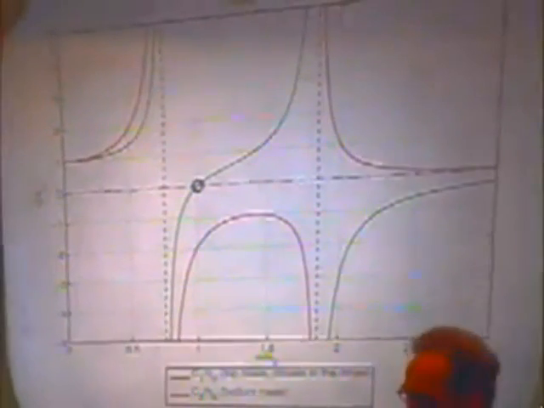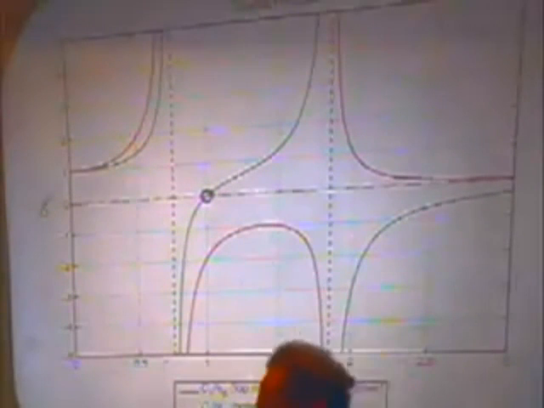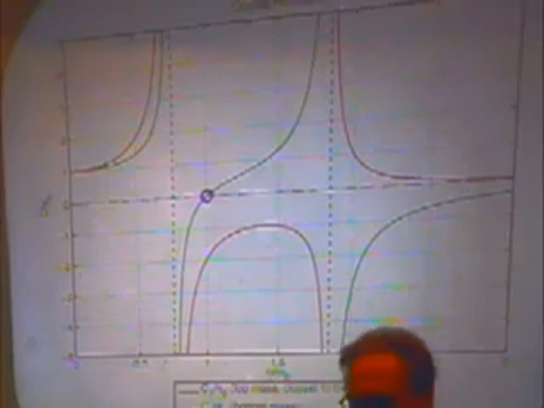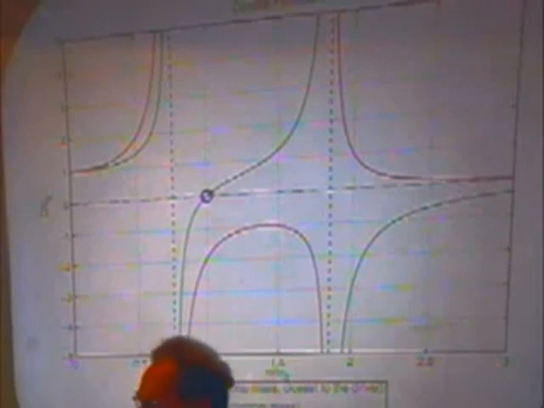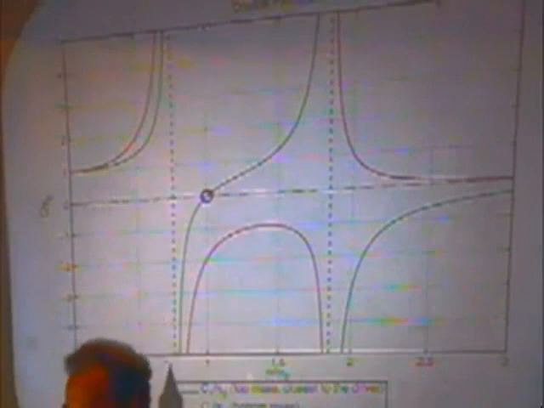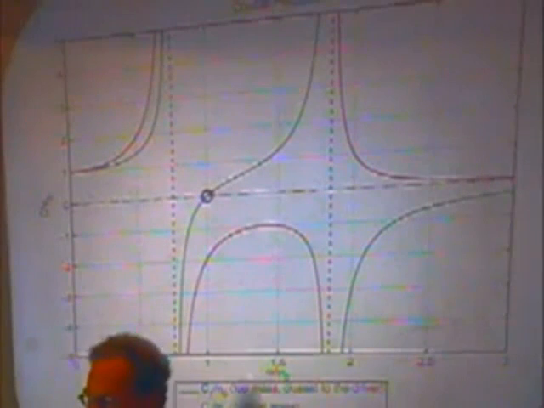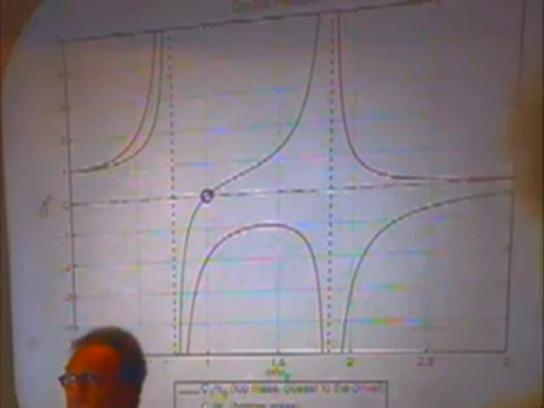This is the first one, which is the double pendulum. What is plotted here horizontally is omega divided by omega 0. So that's the omega 0 that we mentioned there. And so you see the first resonance here is about at 0.76 omega 0, and the second resonance here is at 1.85 omega 0.